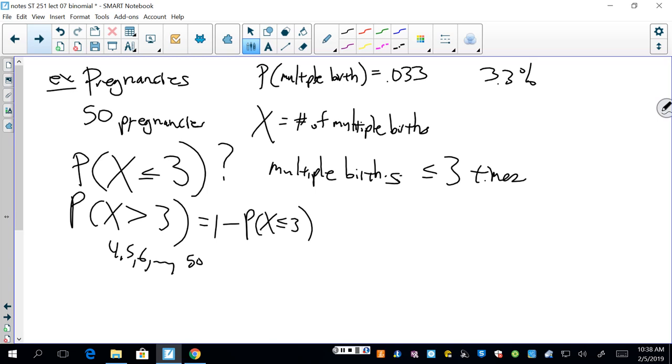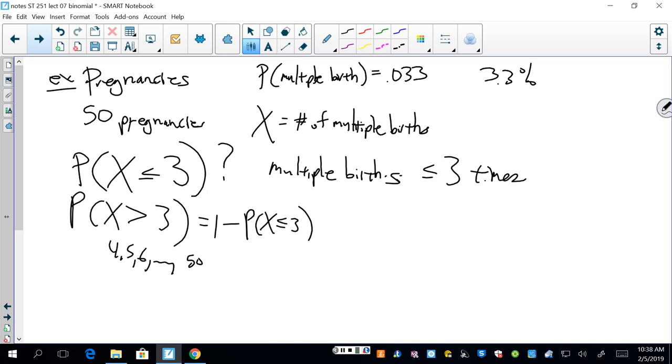You don't know anything a priori about risk factors for the women. Have they had previous multiple births? Does it run in their family? Are they using in vitro fertilization or something like that? Are they older mothers? We don't know anything like that. We're just really willing to use the 3.3% in general.